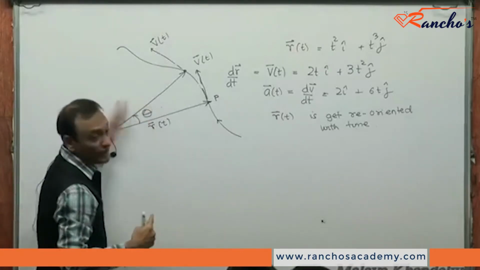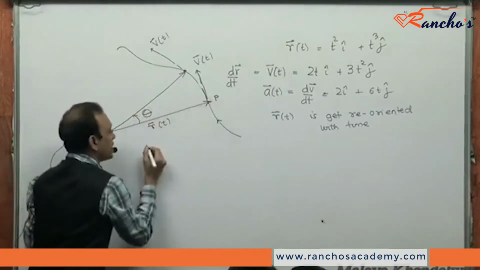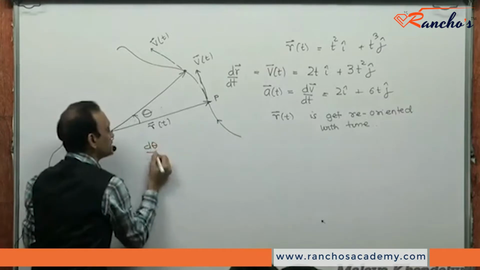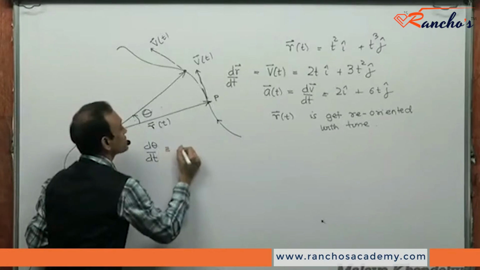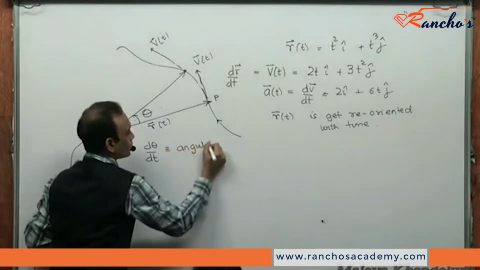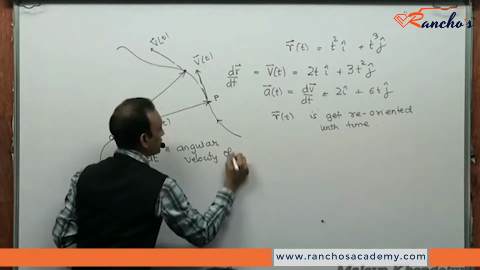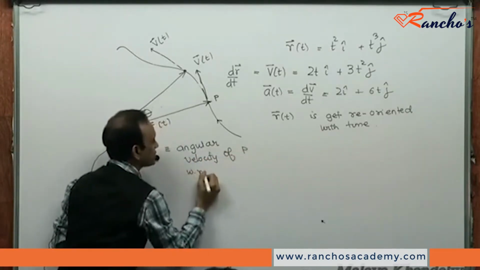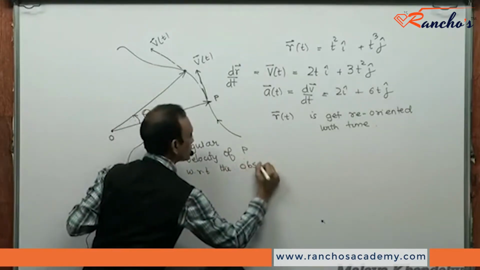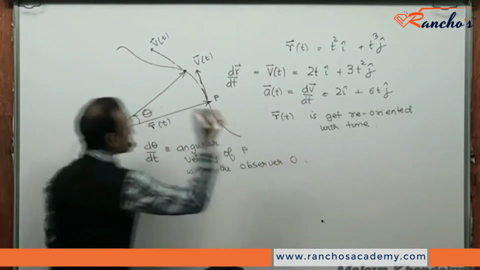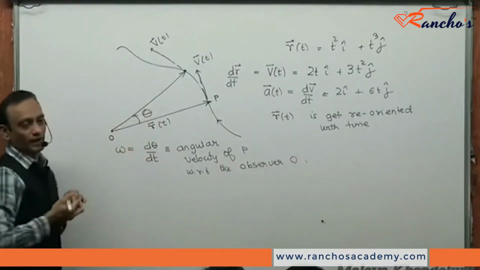The rate at which this theta changes with time, d theta/dt, is called the angular velocity of P with respect to the observer O, and is commonly designated by the symbol omega.